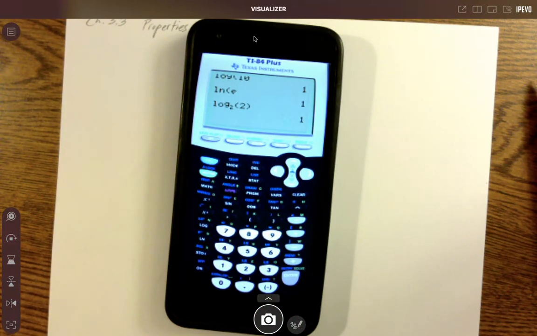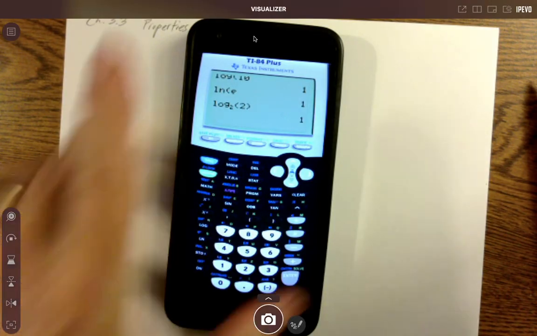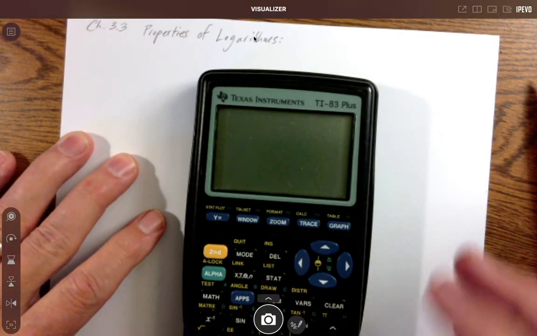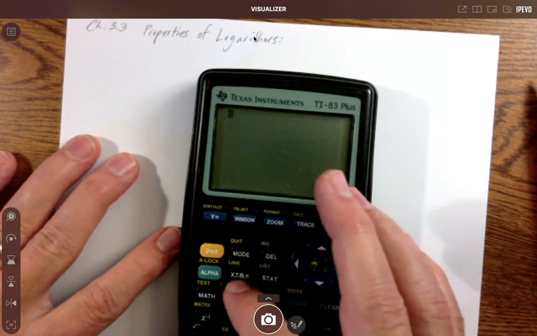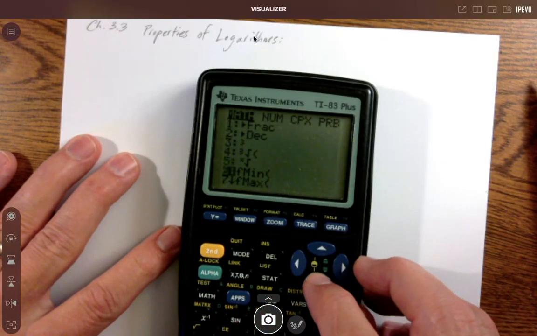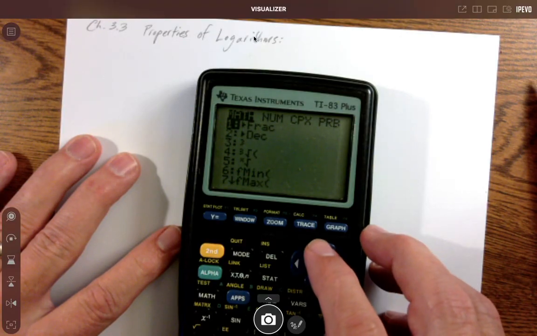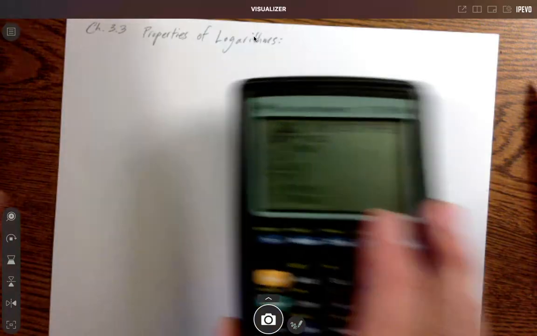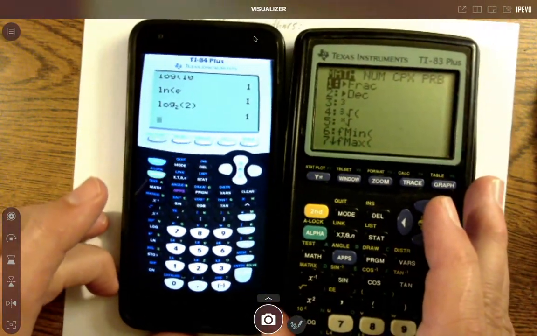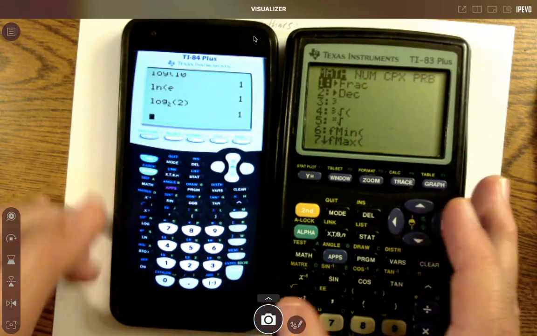But if you have an older calculator, some of you might be using these older ones, when you go to math and scroll down, you don't have that log base option. So if I wanted to take log base 2 of 2, I could use what's called a change of base formula.